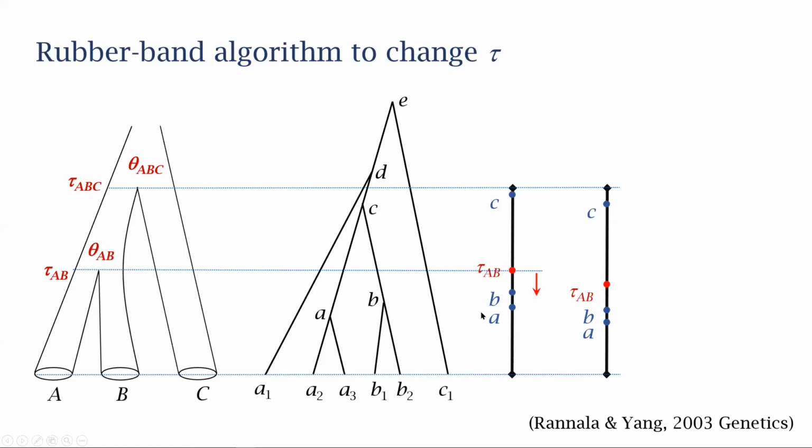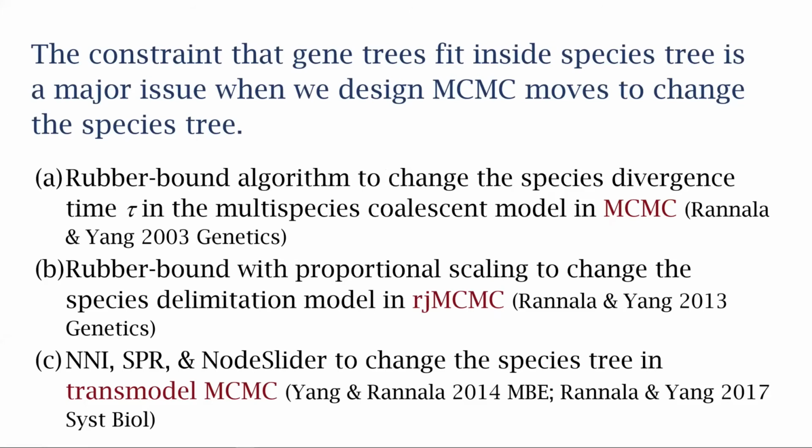And then there are coalescent times, called points A, B, C here. They just move together. So we just use the analogy for the movement of the points on the rubber band, and this worked very well, we found. So yeah, it's things like this that basically occupy our time.